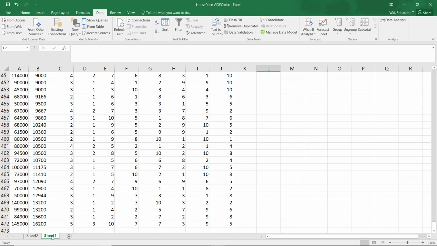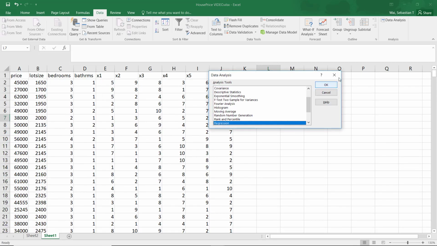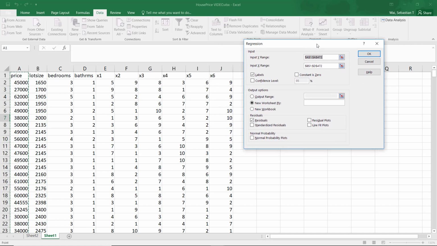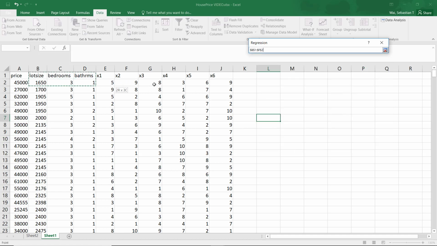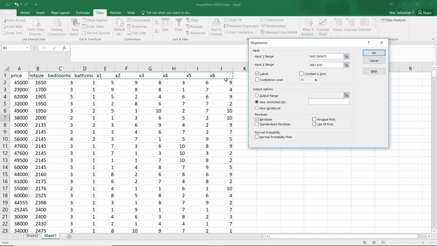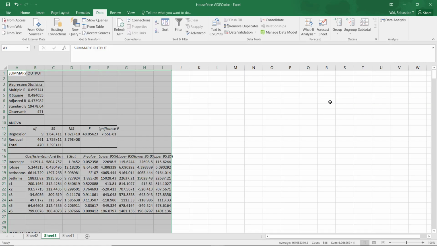What we're going to do next is go back to our data set and run a new regression. In this data set right here, we have 6 new variables, x1, 2, 3, 4, 5, and 6. I'm going to add all of those to the regression. So we're going to use our lot size, bedrooms, and bathrooms, and then all of these new variables in the regression. Click OK to run that regression.